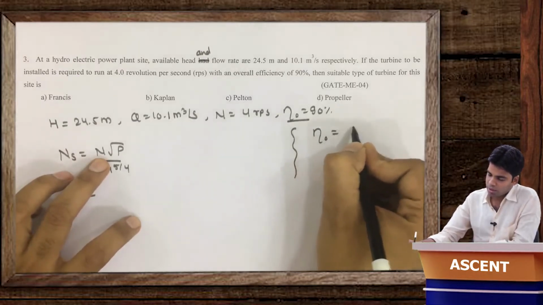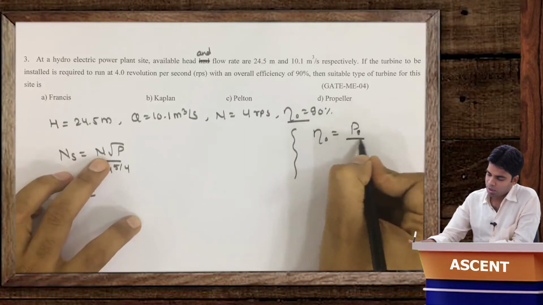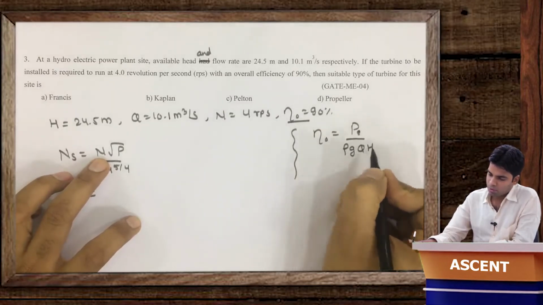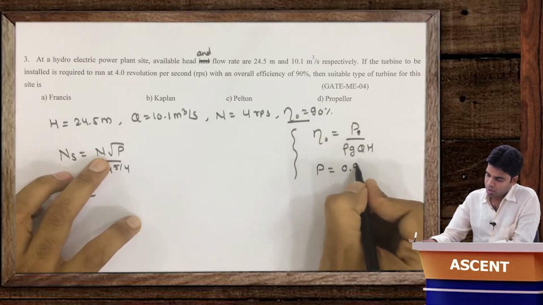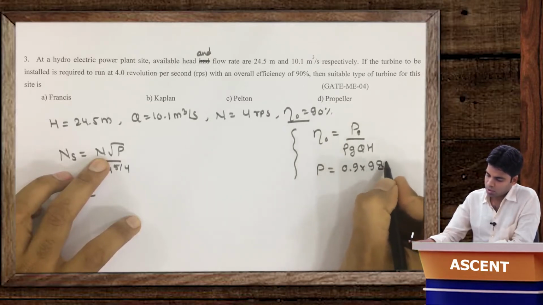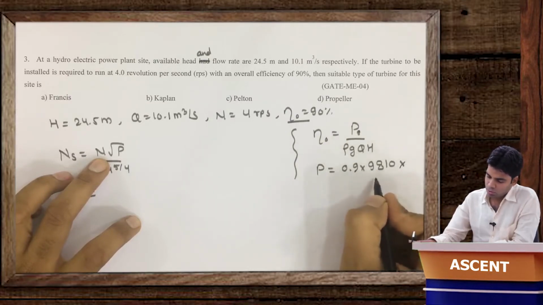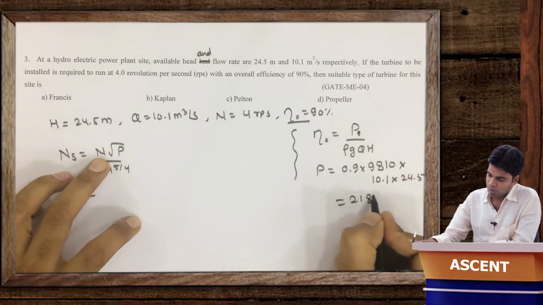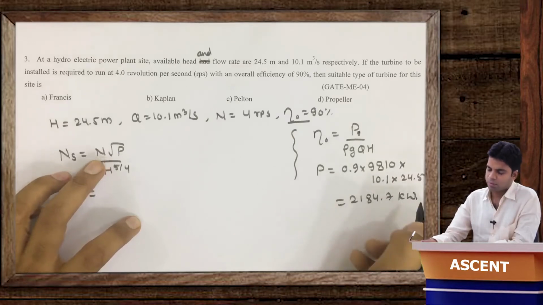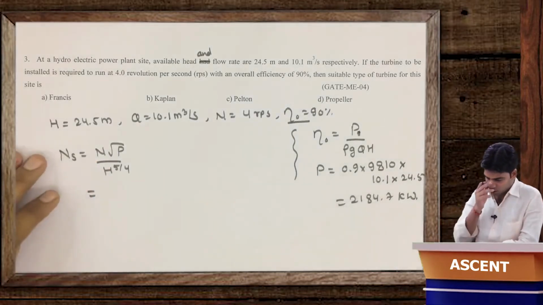Overall efficiency is shaft power P upon rho g QH. So from here P will be equal to 0.9 into rho g QH, rho g is 9810, into Q is 10.1, into head is 24.5, so this will be equal to 2184.7 kilowatt. Getting this? Okay, so just put the value.